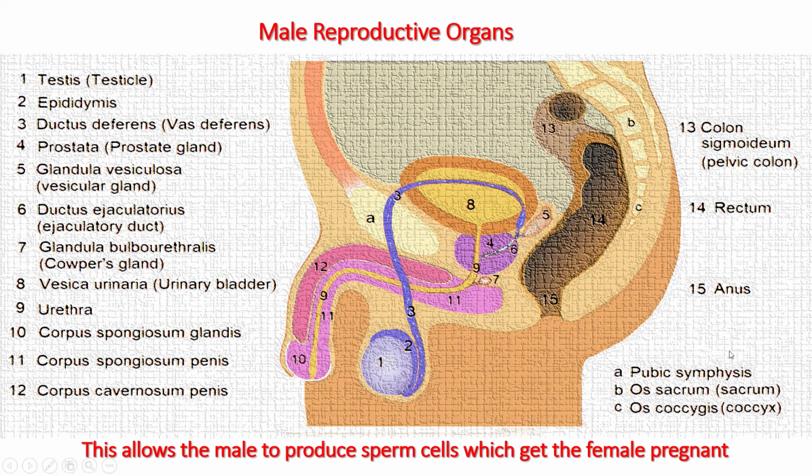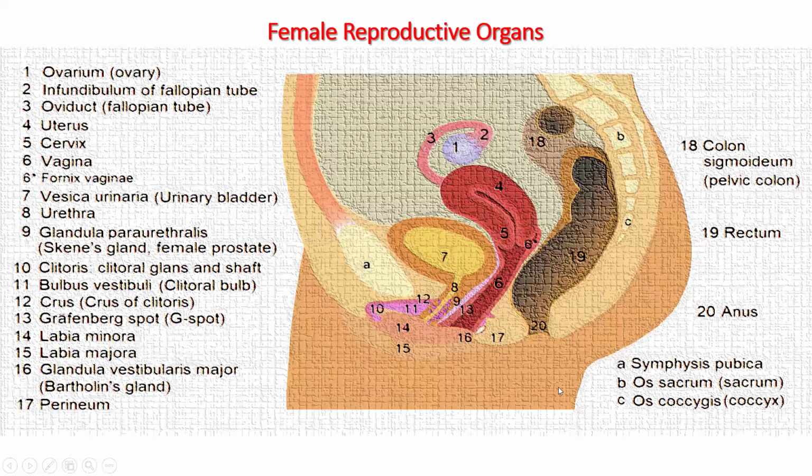Likewise, the female reproductive system has various components similar to the male. If you observe here, the main components are the ovary, oviduct, uterus, cervix, vagina, urethra, then different parts, that is labia minora, labia majora, and then colon, rectum and anus.